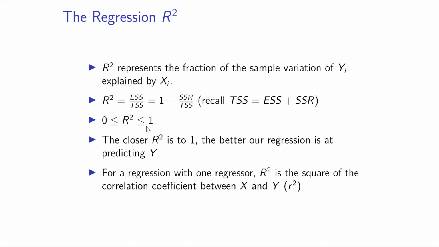Ideally, the closer R-squared is to 1, the higher is the explanatory power of the model at predicting y. Note, for one variable regression, R-squared is the same as the squared correlation coefficient between x and y.